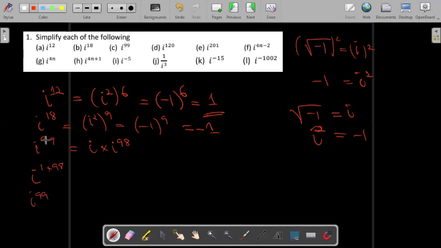So i to the power 99 can be written as i times i to the 98.